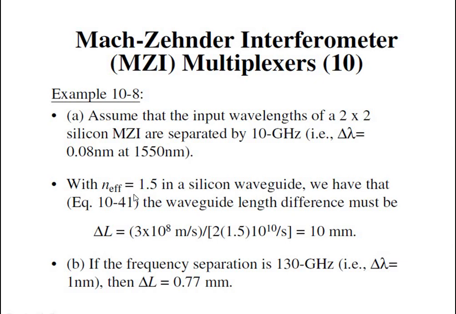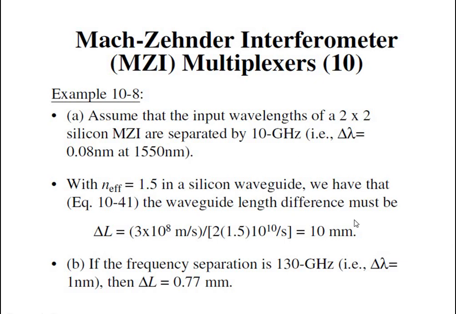With n effective equal to 1.5 in a silicon waveguide, from equation 10.41 the waveguide length difference must be, substituting in the equation for delta L, C divided by 2 n effective delta nu.